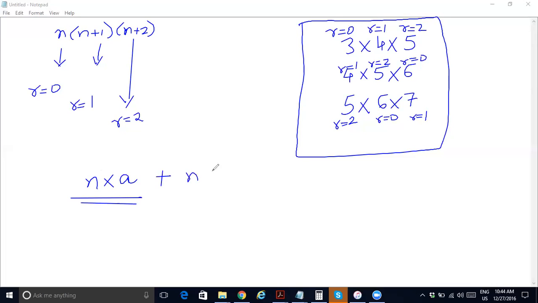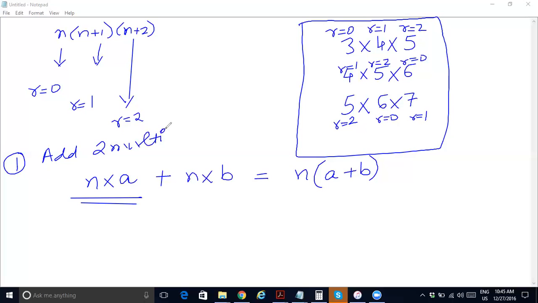If we add another multiple of n, the sum of these two will always remain a multiple of n. That is rule number 1: add two multiples of the same number.